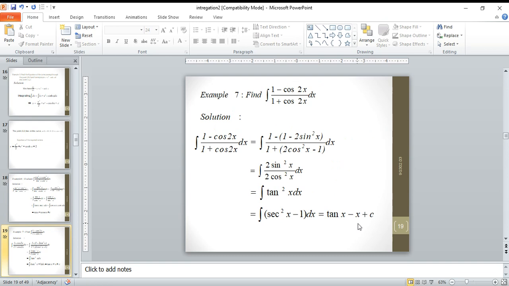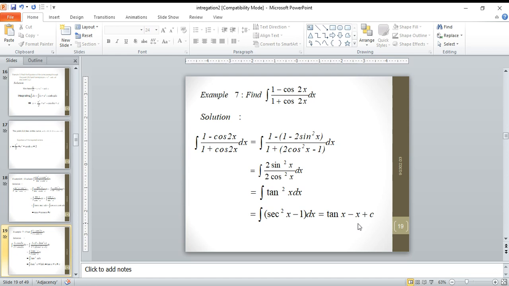Example 7. Find integration of 1 minus cos 2x by 1 plus cos 2x dx. Apply the cos 2 theta formulas. Solution: for the numerator, 1 minus cos 2x, take the formula cos 2x equals 1 minus 2 sin square x.